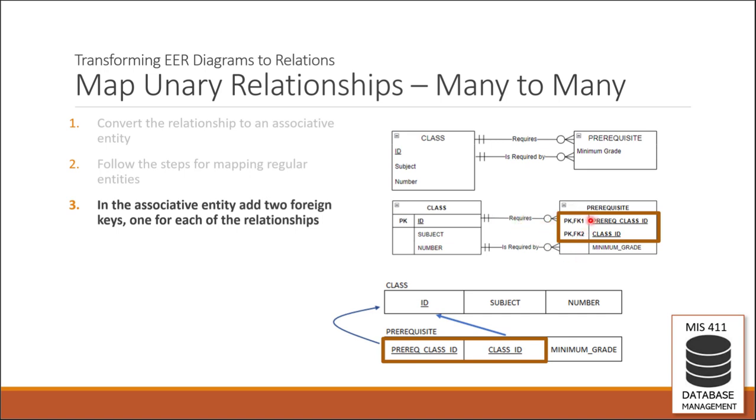The one difference to think about is that because we're talking about the same table, we needed to name these foreign key fields a little bit differently. That is to say, we can't call them both class ID, because you can't have two fields of the same name in the same relation table.